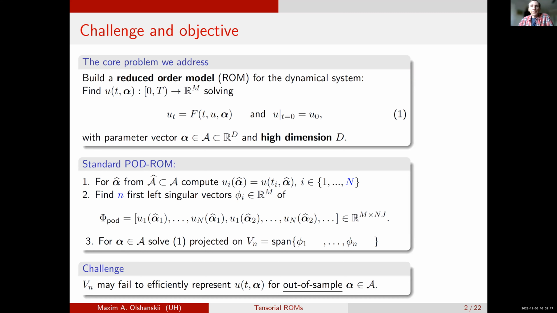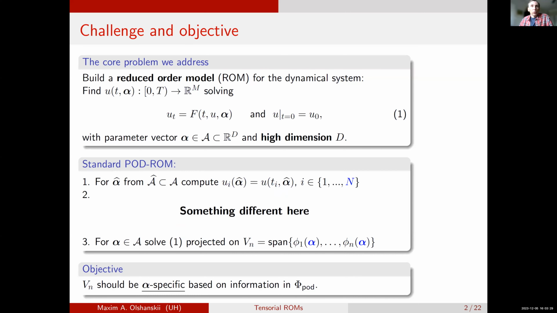And if the Kolmogorov n-width of our solution parameter manifold is large, then we may need quite a large basis to represent even in-sample states for in-sample parameters efficiently. So this is a well-known challenge, and several ways were suggested in the literature to address it.